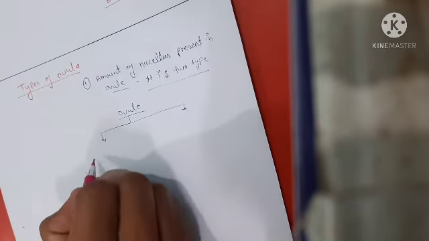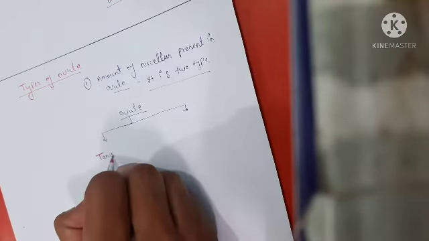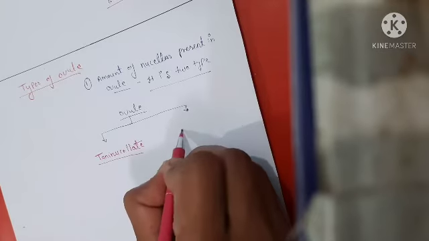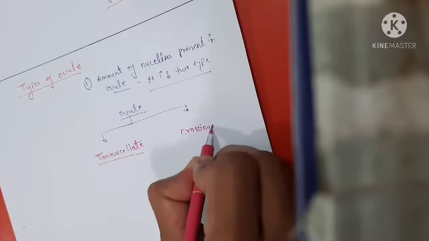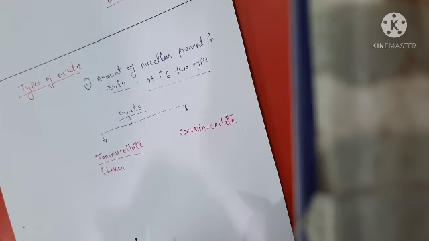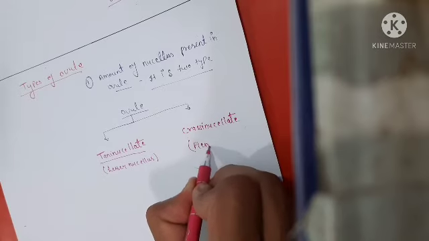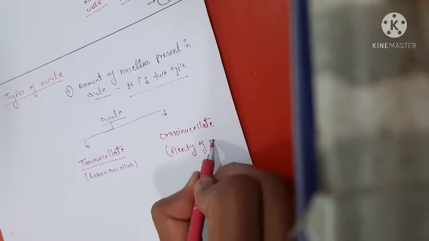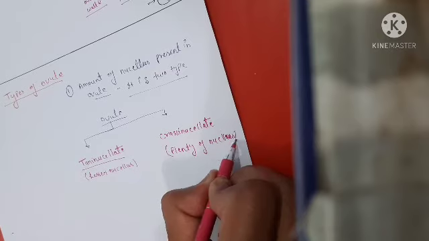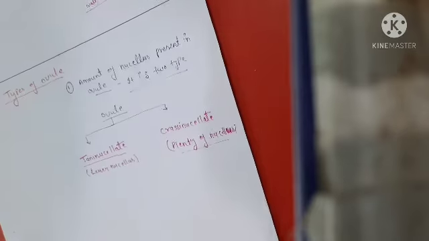So friends, the first one is tenuinucellate, and another one is crassinucellate. Tenuinucellate means lesser nucellus, and crassinucellate means plenty of nucellus.